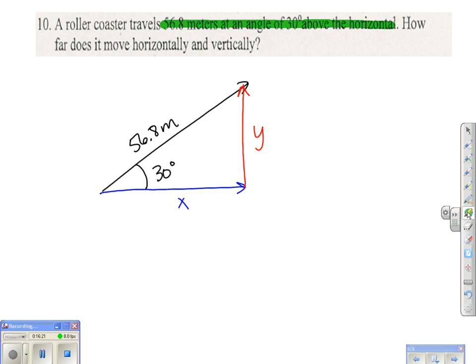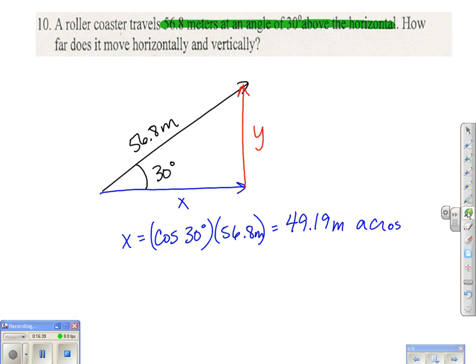To do that, we would have that x is our cosine of 30 degrees times our 56.8 meters. And then when we multiply that out, we get 49.19 meters. And I could say across or forward, either way, but I have to have some direction as well as magnitude.